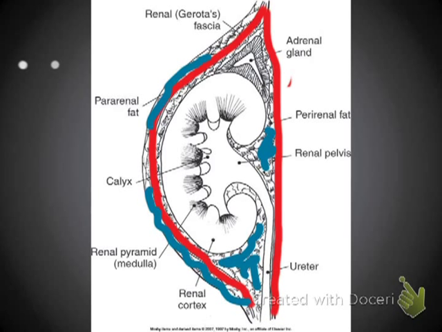Also, as we're looking at this, we have minor calyces here. And if we'll notice, they all come together to form one large area.